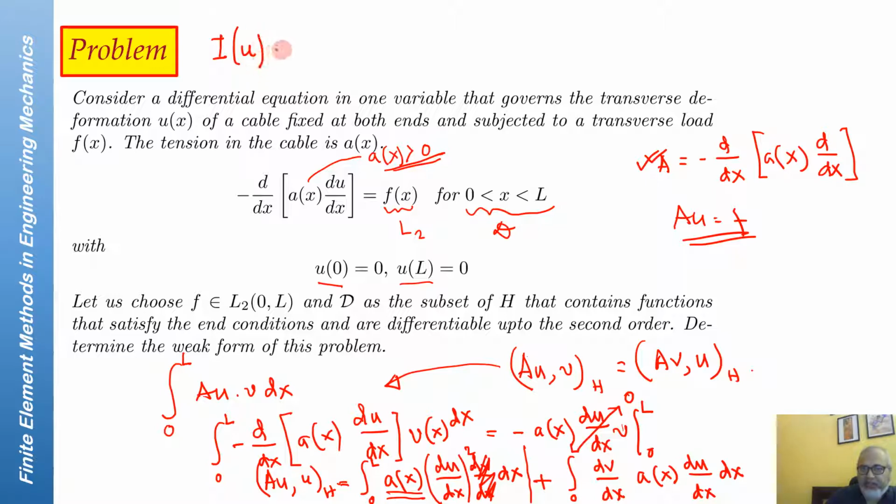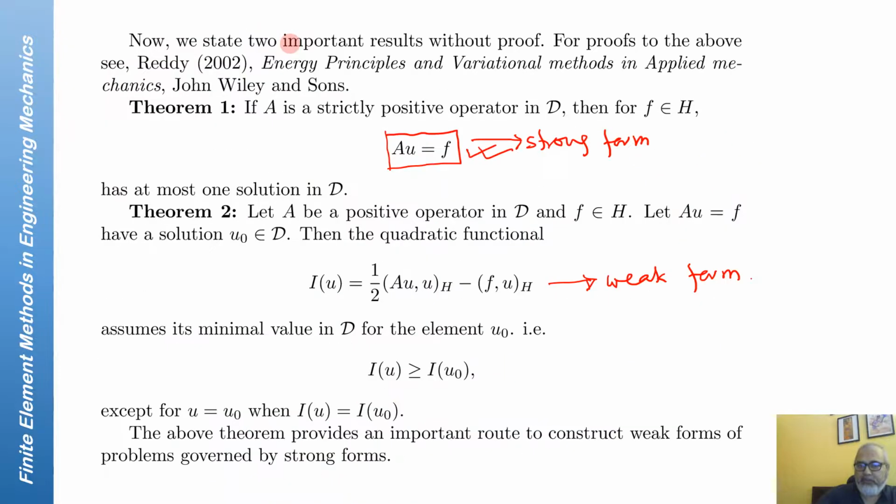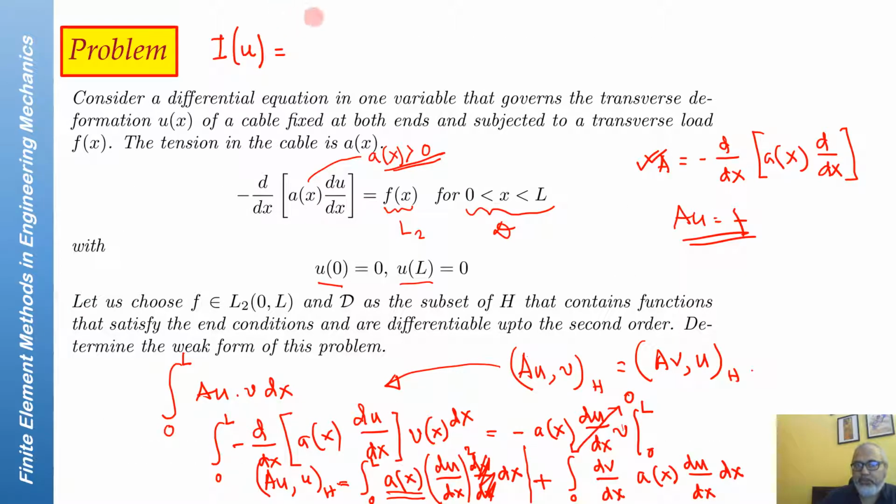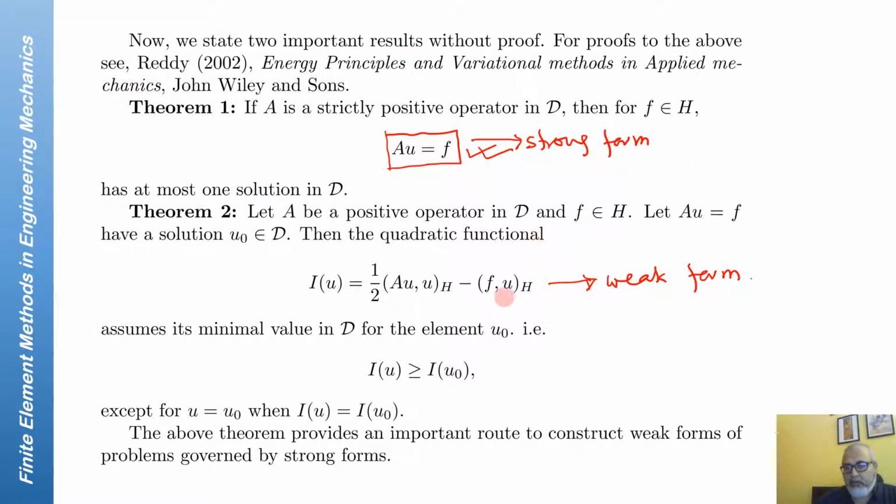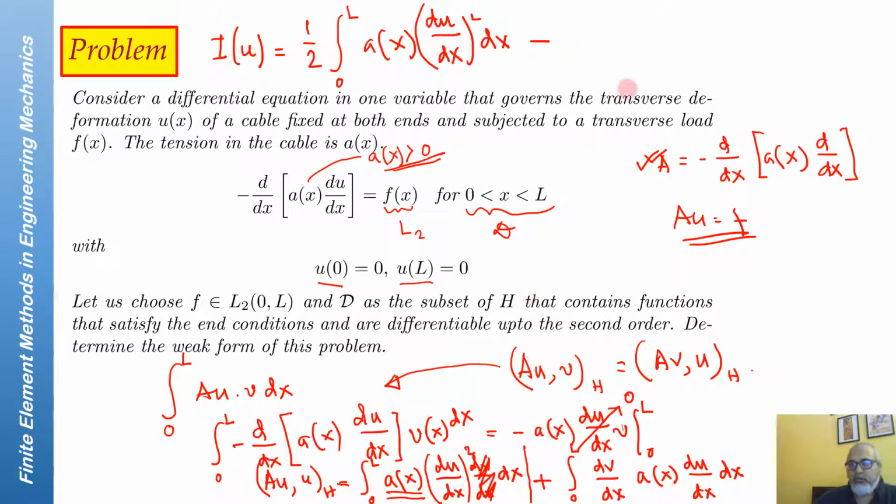Therefore A, as given here, is a strictly positive operator, and I can write down the variational principle right away as in the previous. So I can write half (Au, u), which is this guy, minus (f, u), so minus f times u.